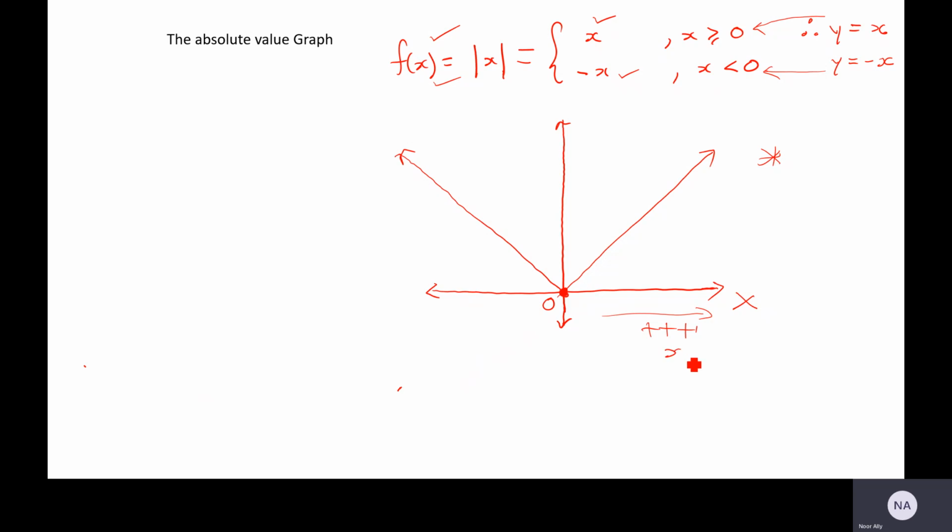That is where x is greater than or equal to 0. Over here is negative values. This is where x is less than 0. And there you go. This is the graph of the absolute value. Y is equal to absolute value of x, like a V shape. The variations we'll do at a later stage.